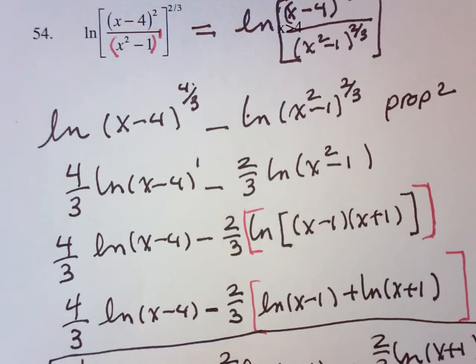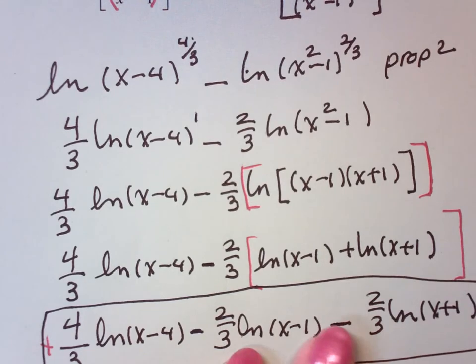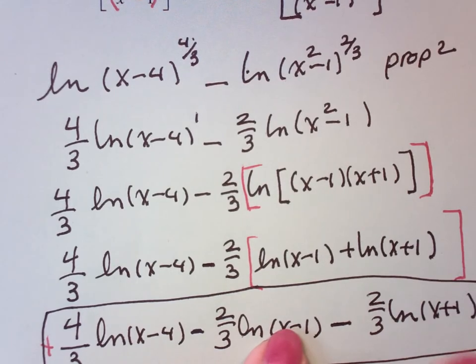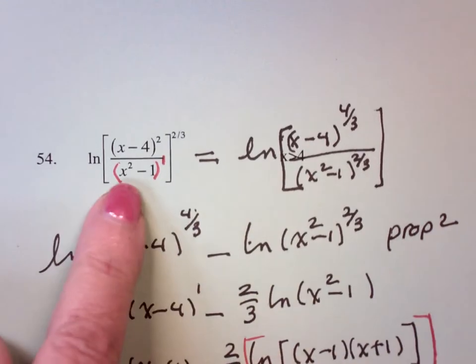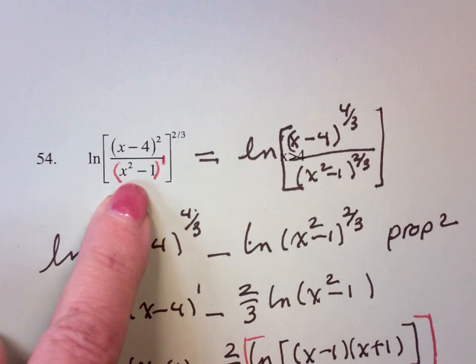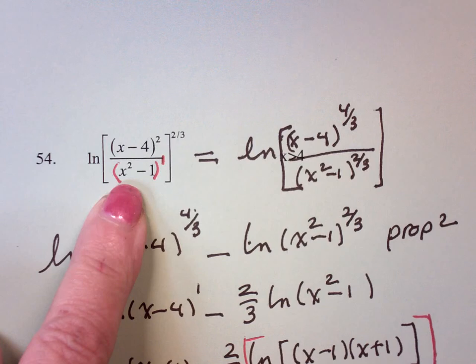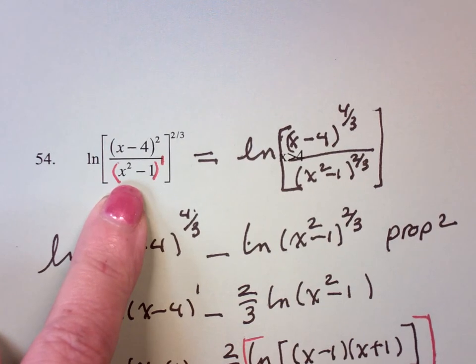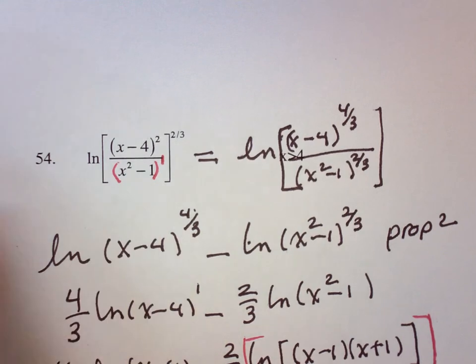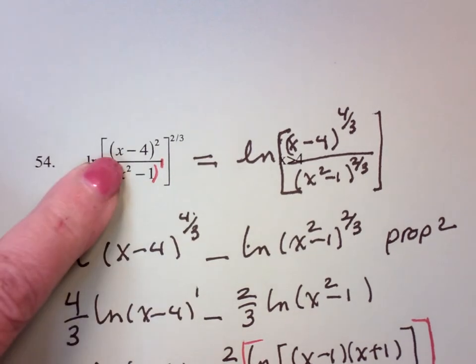If I notice the minus signs in front of these two entities right here, if you multiply x minus 1 times x plus 1, that's x squared minus 1. Notice in the original problem, where was it? It was in the denominator. So when you've got minuses in front, that's going to tell you that thing's going to flip to the denominator. These guys, when you bring it back together, go to the denominator. When there's a plus, it's going to be up in the numerator.